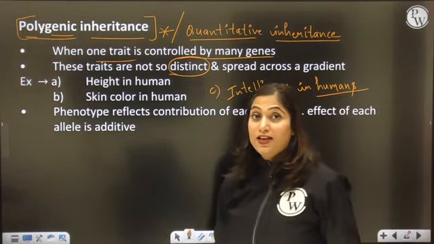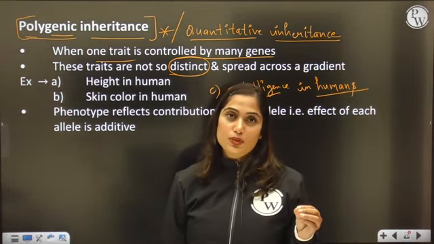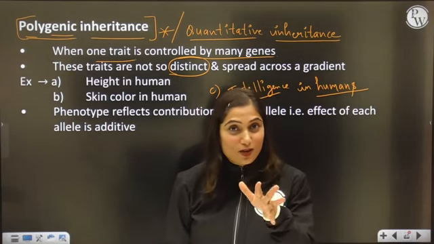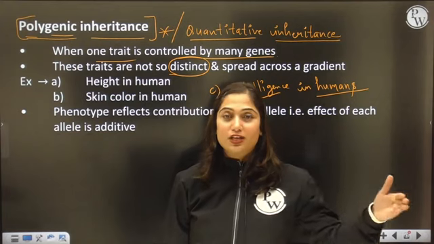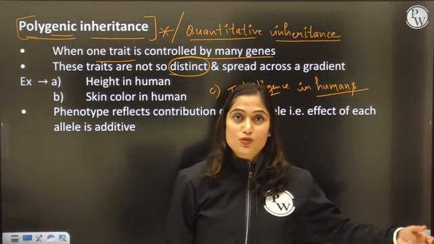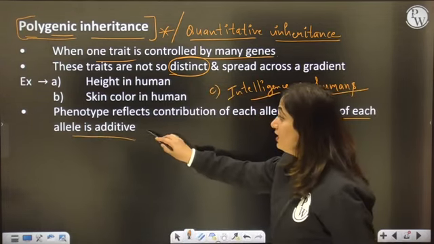And here each dominant allele contributes to the expression. Because here only presence is not enough. The more the number of dominant alleles, the more would be the expression. So the effect of each allele is counted. So the effect of each allele is additive.